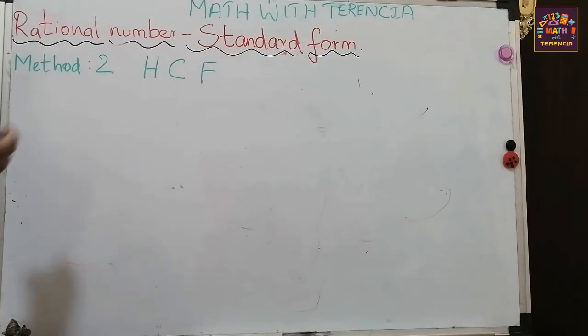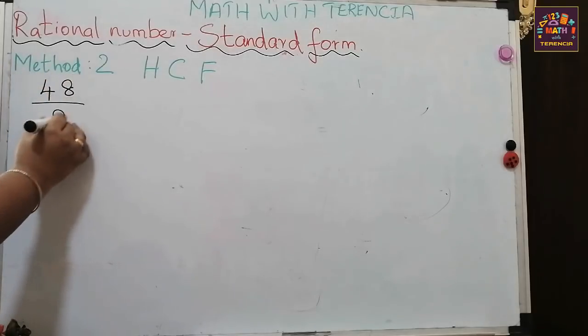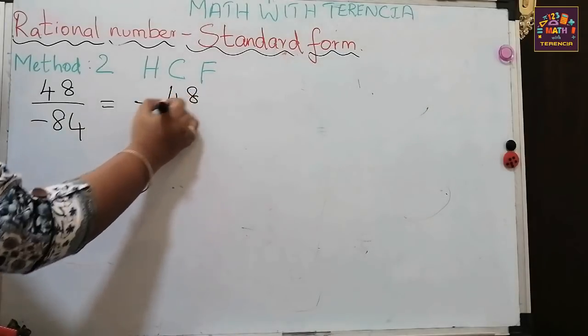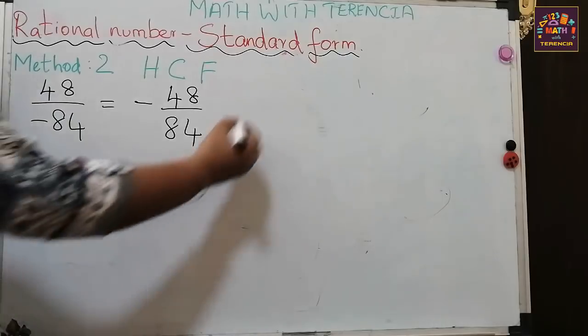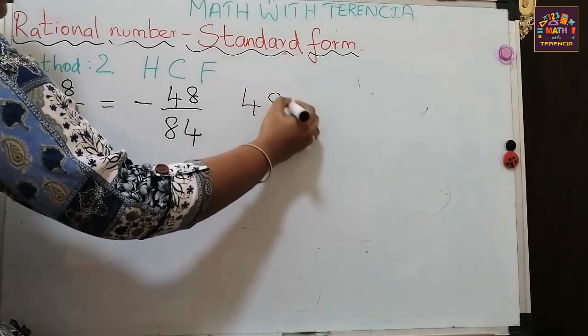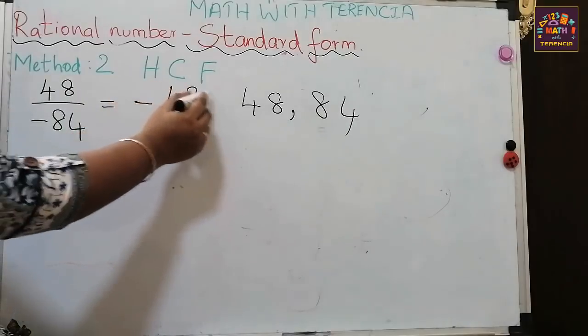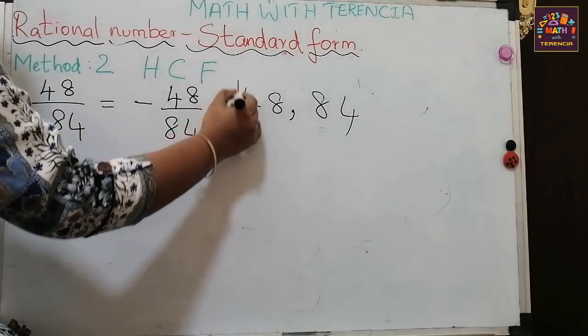So let us work for the same number, 48 by minus 84, which is equal to minus 48 by 84. Now we are going to find the HCF of 48 and 84. Always have the numerator as the first number and the denominator as the second number.